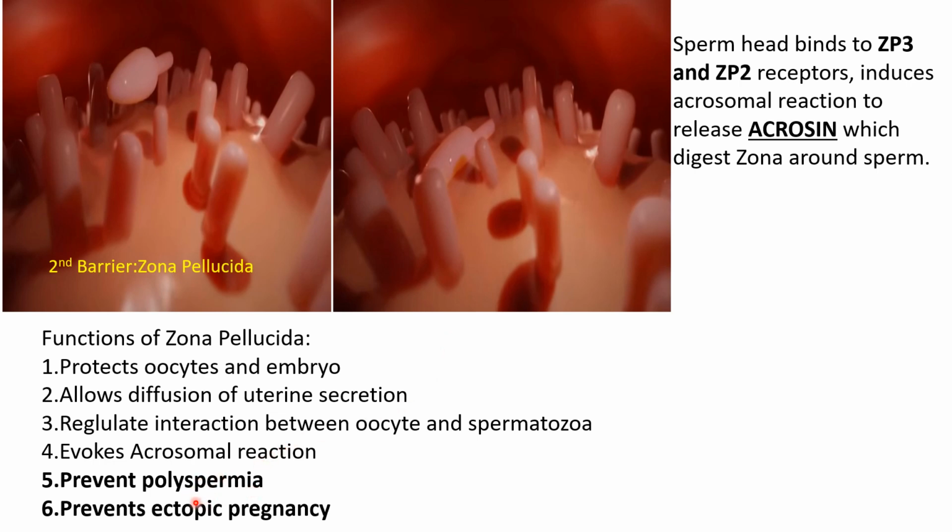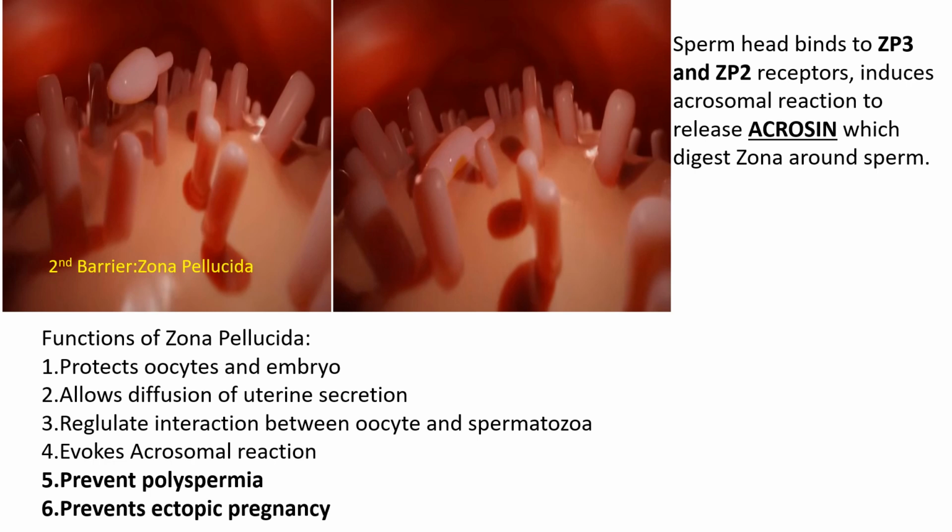Now the second important function of the zona pellucida is that it prevents ectopic pregnancy. So now we can see after fertilization a zygote is formed. This zygote will undergo cleavage division up to the blastocyst. Up to the stage of blastocyst, the developing embryo is covered by the zona pellucida, and it will prevent the binding of this developing embryo at an abnormal site in the uterus.